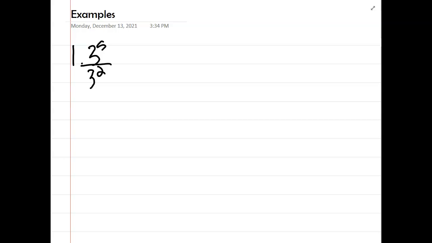So 1 3 cancels out, another 3 cancels out, all of them are gone in the denominator. So you had 5 in the numerator, 2 of them canceled out. That's why you take 5 minus the 2. You'd have 3 cubed, 3 times 3 times 3 left in your numerator, which would give me 27.